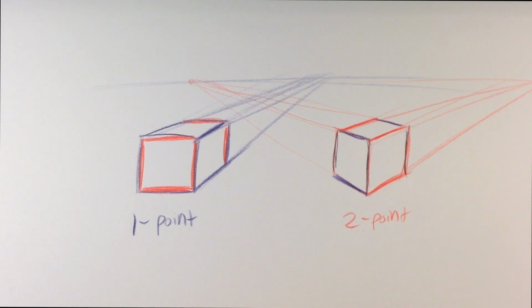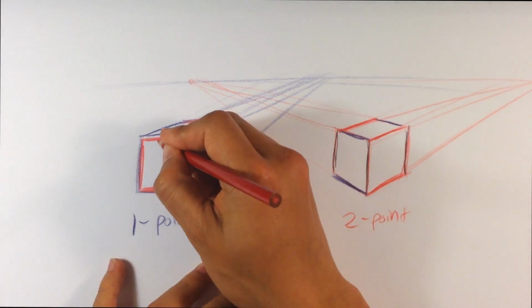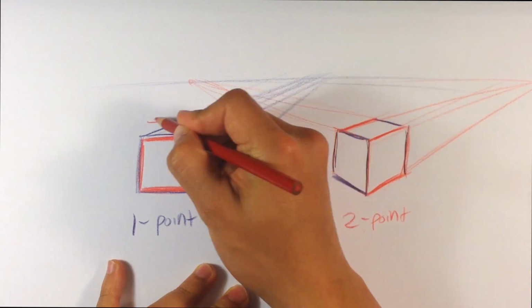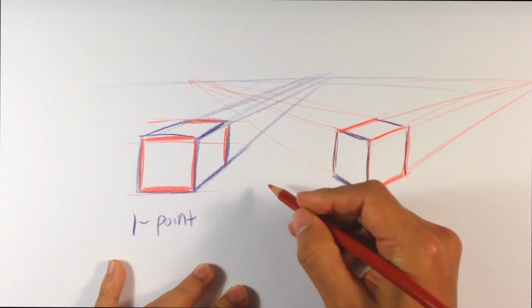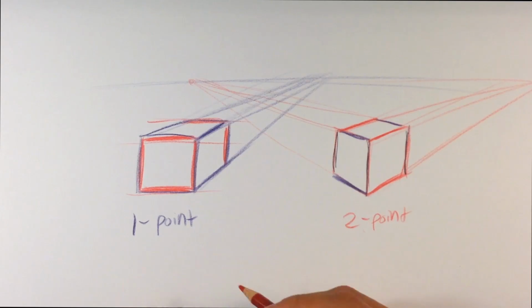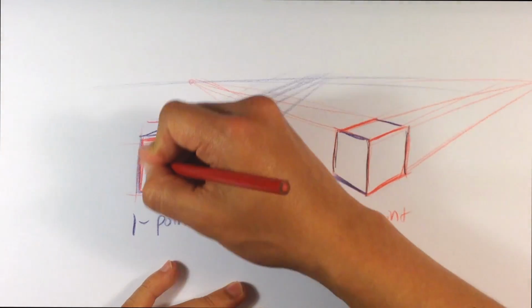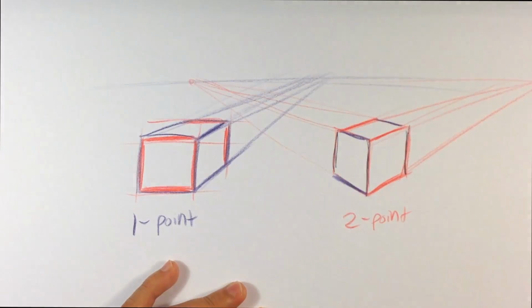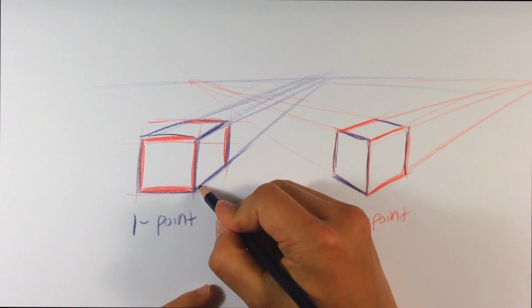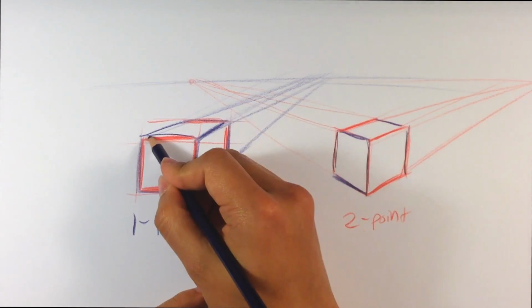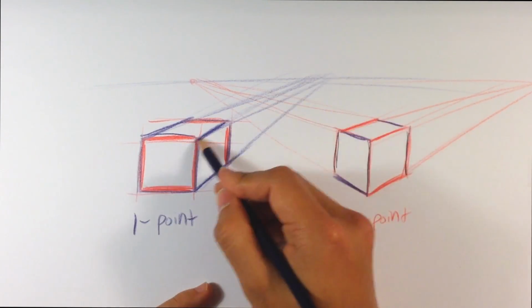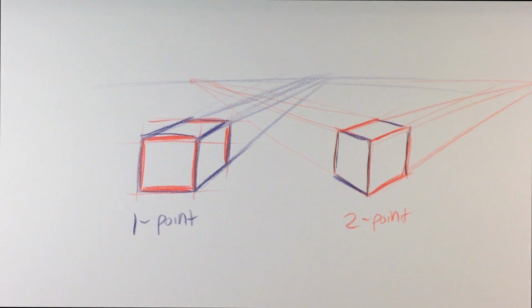With one-point perspective, you have the horizontal lines, like this way. You have like 3 of them right there. Then you have the vertical set, so it's a second set. And then you have the set of lines going away from you. That's the third.